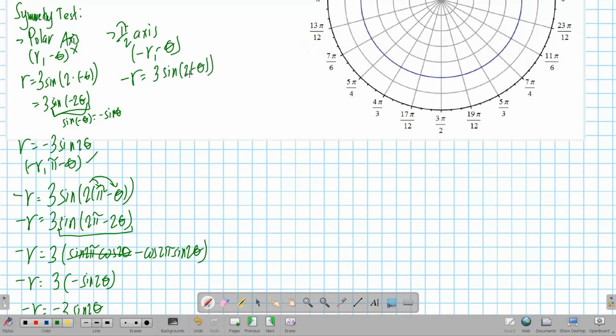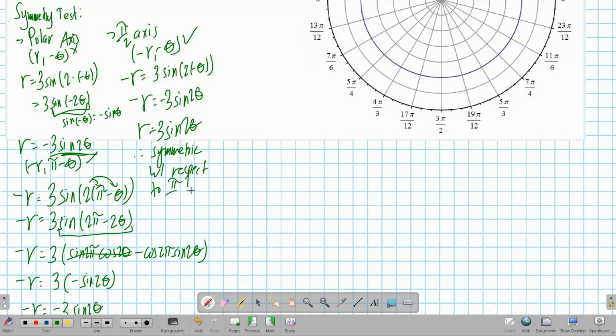This will ultimately lead us to negative r is equal to negative 3 sine 2 theta. Since they're both negative here, we can conclude that r is equal to 3 sine 2 theta. Therefore, it is symmetric with respect to the pi over 2 axis.